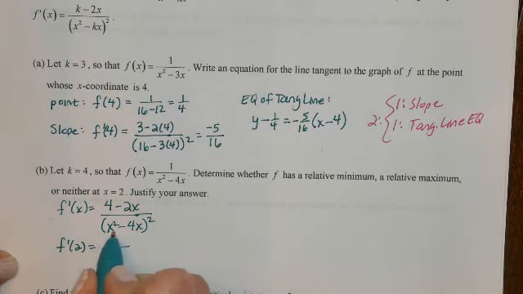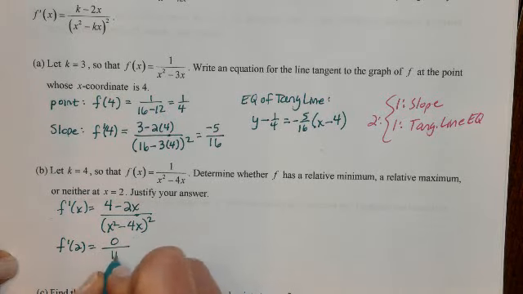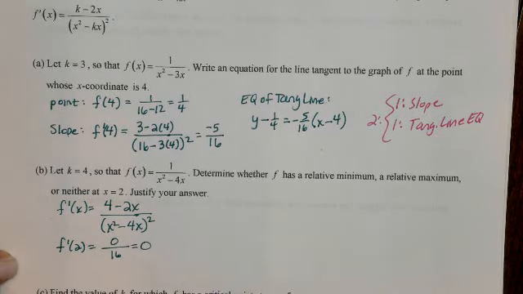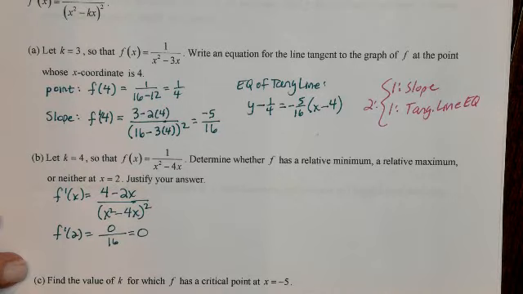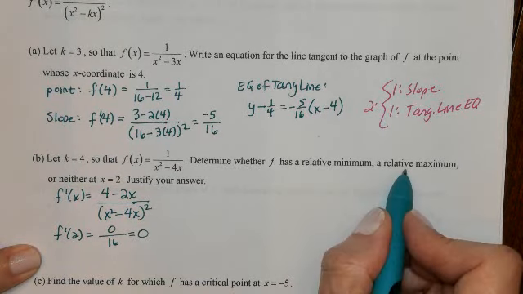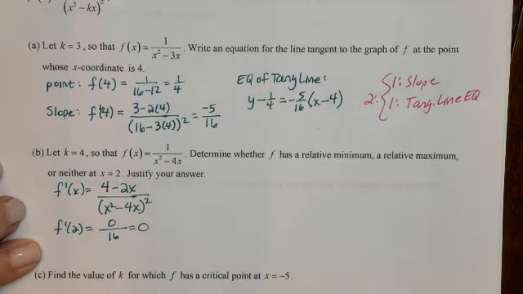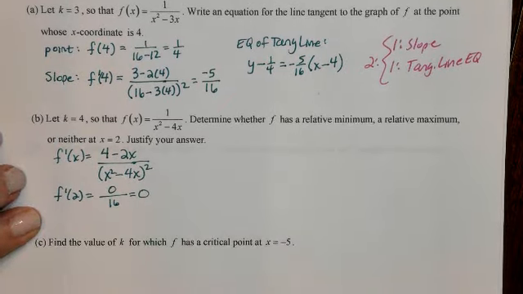On the bottom I have 4 minus 8, 4 minus 8 squared, so that'll be negative 4 squared is 16. So f prime of 2 is 0. That means that we could have a min or a max, but we still might be neither. It depends on what's happening around there.